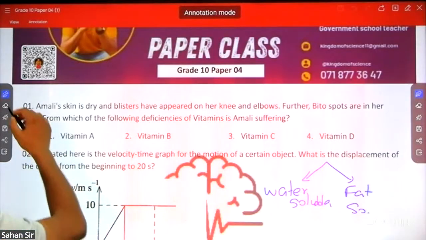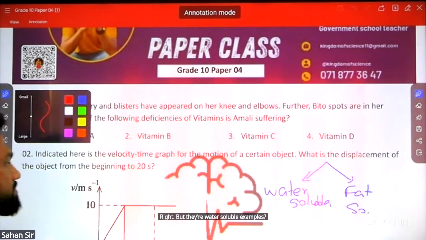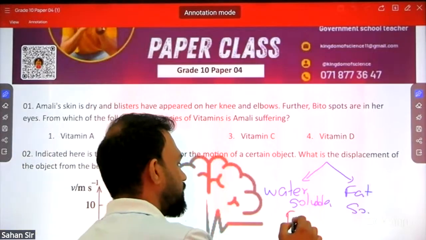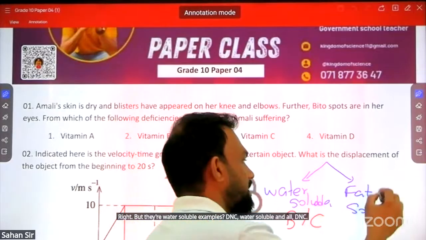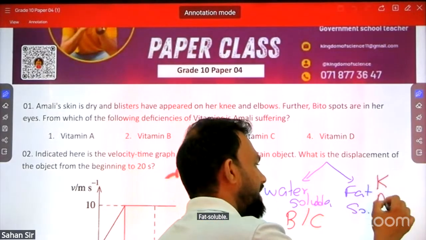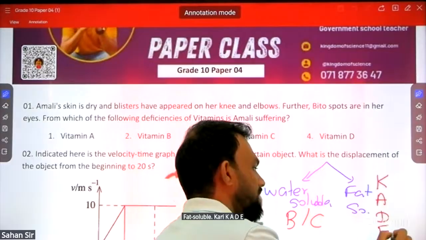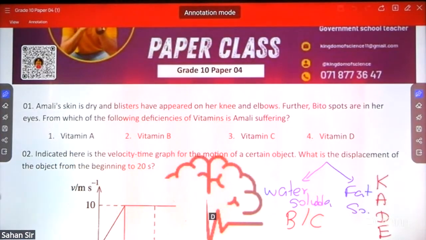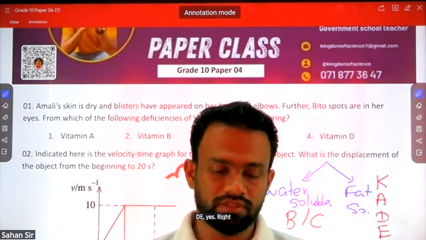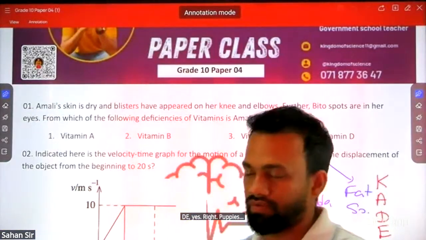The water soluble examples are B and C. Fat soluble, KADE, in a simple form.